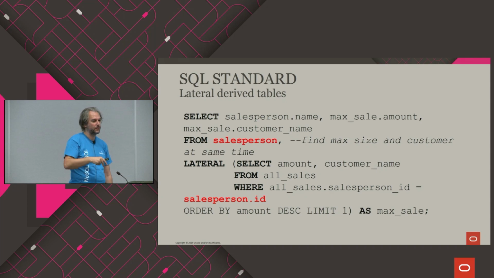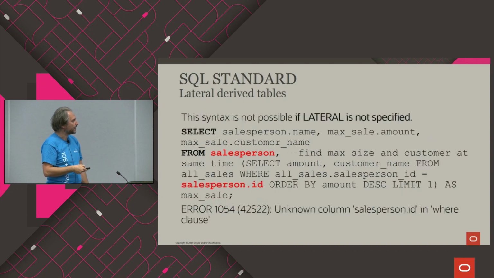Okay? So when you have a nested for, you have for E, and nested for J. In the second loop, you see the E, right? So this is the same concept, but extended to SQL. It's for each. If you don't use the lateral keyword, you will get an error.